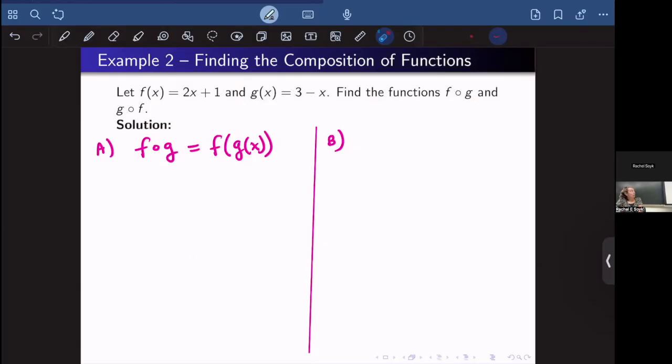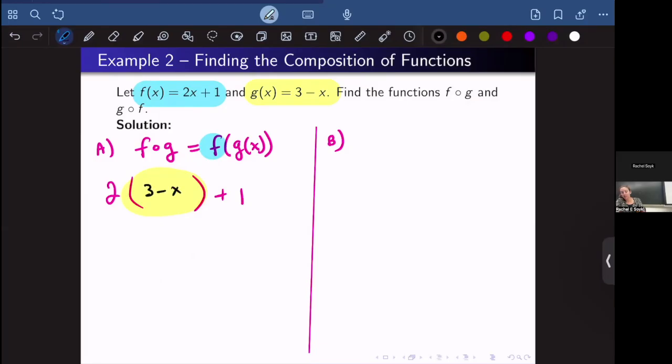But how do we do this from a parentheses standpoint? Well, we really hone in on that parent, and wherever we see an x, we draw in parentheses. So we have 2 times parentheses plus 1. And now inside those parentheses is where the child comes into play. That's where our g of x goes.